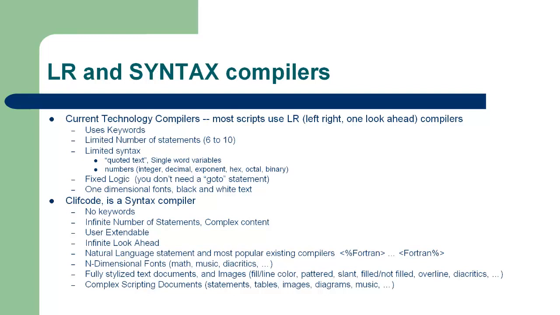And we want complex scripting documents, so it's not just software or hardware instructions, but let's put in tables. If we want a table in our scripting document, let's put it in there.